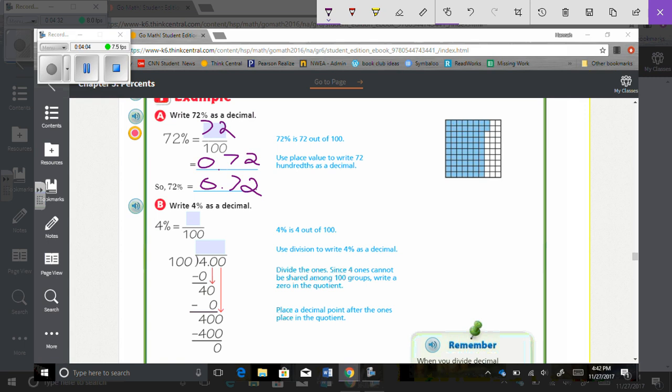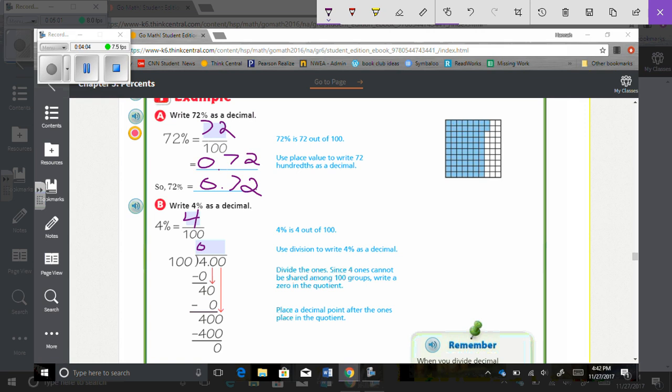We can look down at 4% as a decimal also. So 4% we know is 4 out of 100. And we know numerator divided by denominator is how we can turn fractions into decimals. So if we take 4 divided by 100, we know that 100 cannot go into 4 equally, so we would put 0.